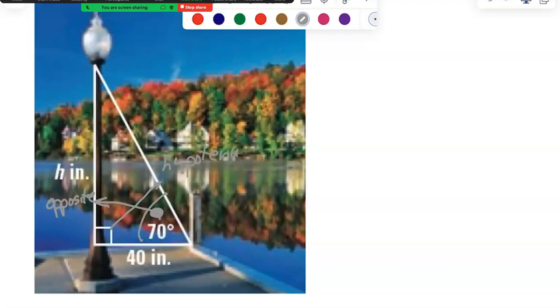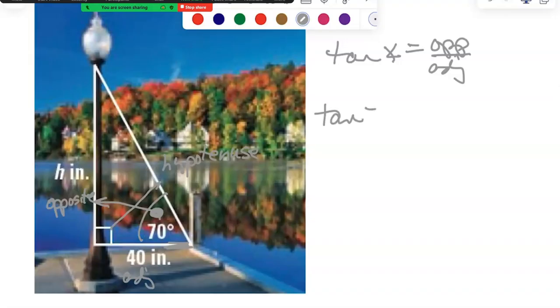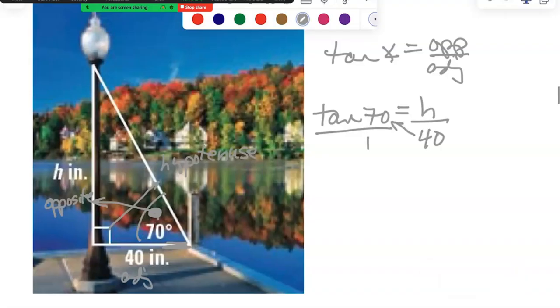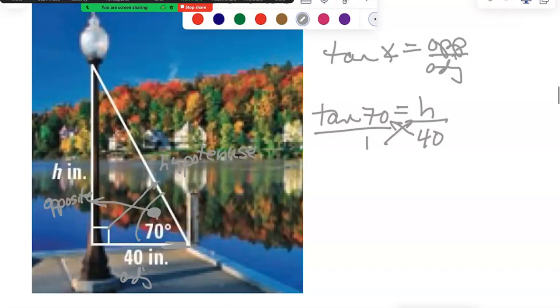You don't need that because we're going to deal with tan, and tan of an angle equals opposite over adjacent, and this, the touching piece, is the adjacent. So the tan of 70 degrees equals h over 40. Put this over 1. Fraction equals fraction. We're going to do our cross products.